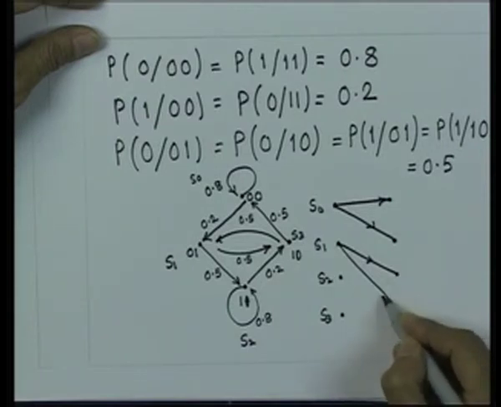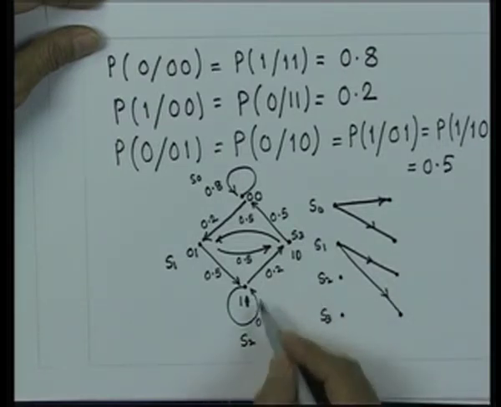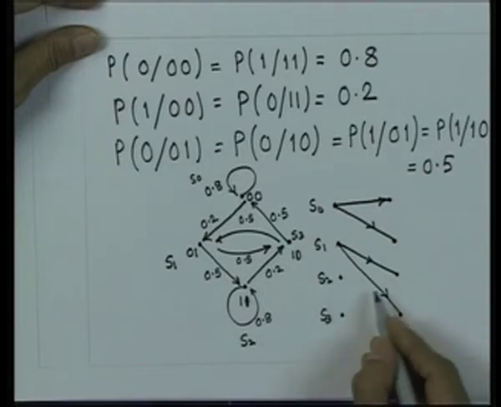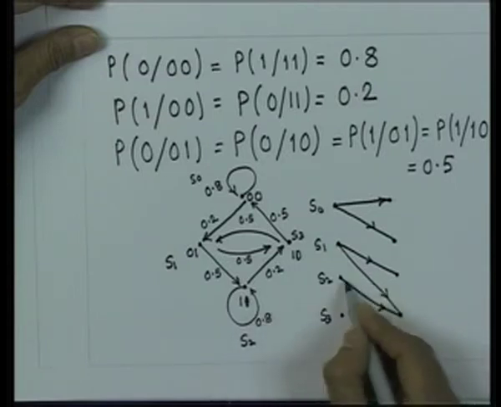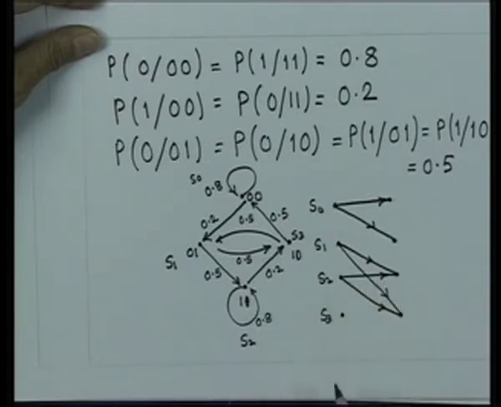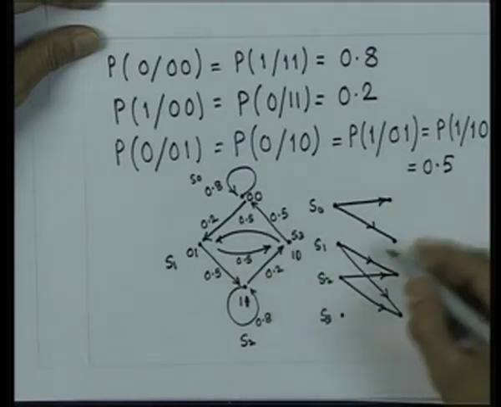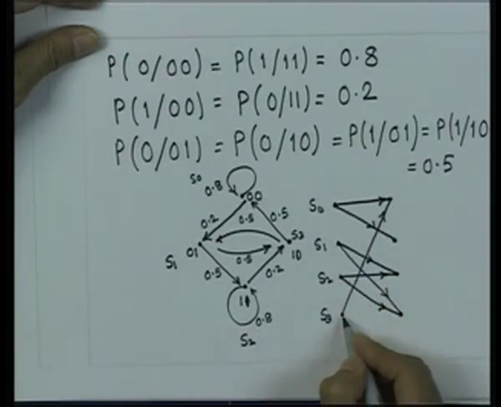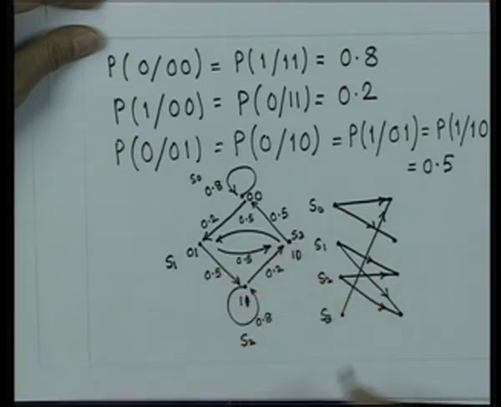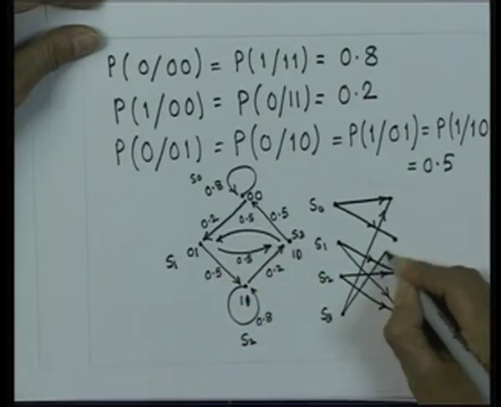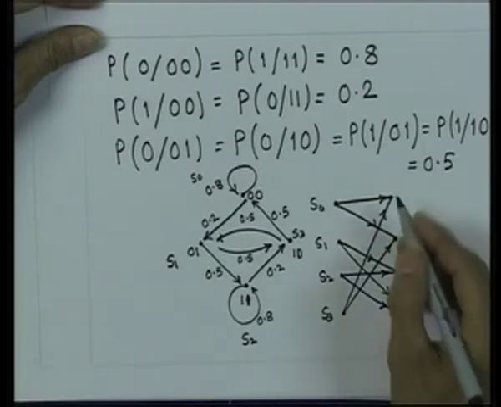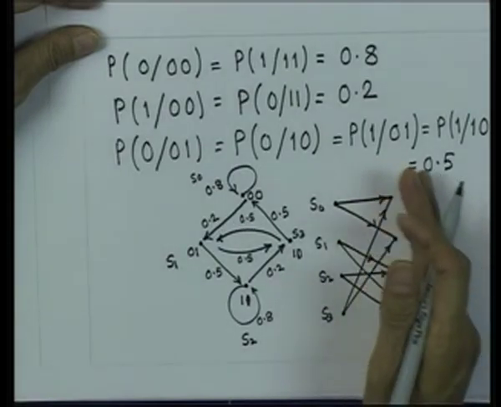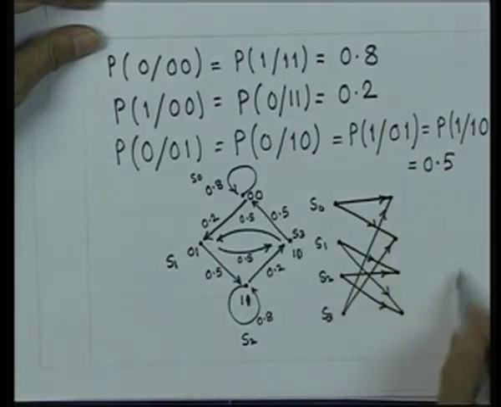For S2, I have from S2 to S3, or from S2 to S2 itself. And finally, for S3, I can go from S3 to S0, and S3 can go to S1. So, this is another time instant. Similarly, for each time instant, I can keep on connecting like this.